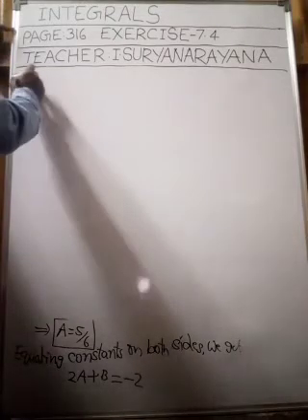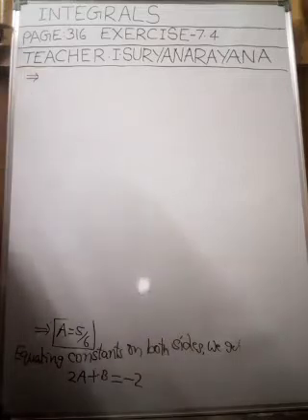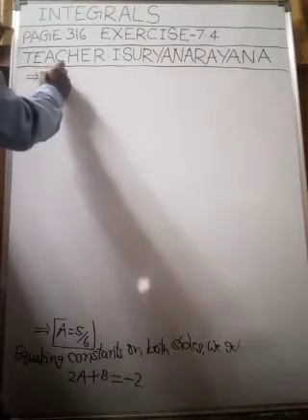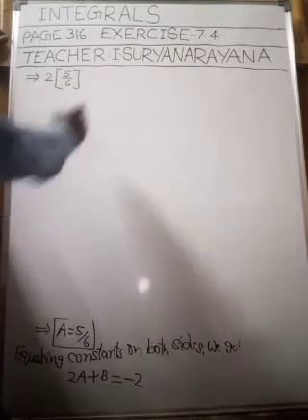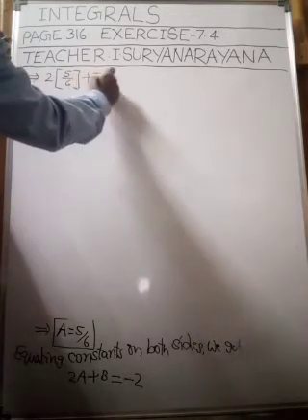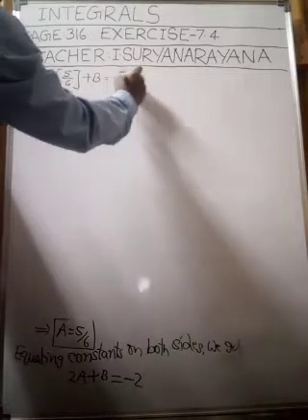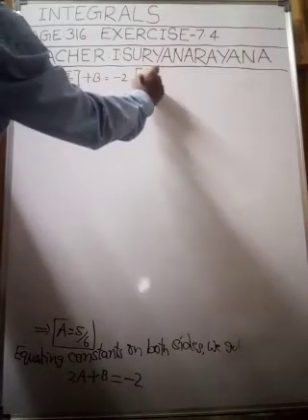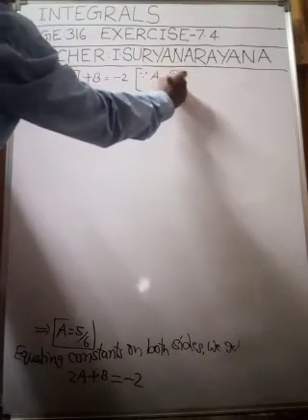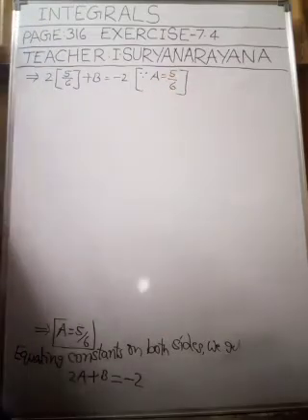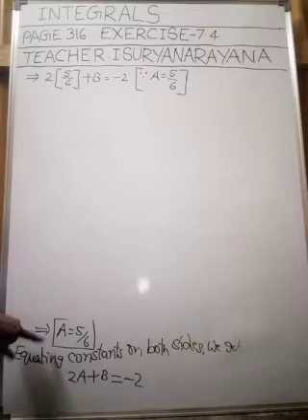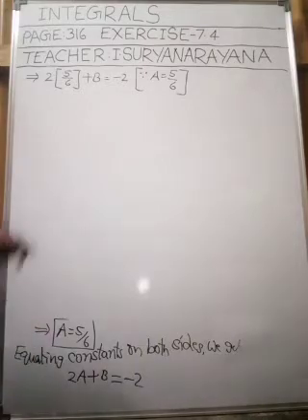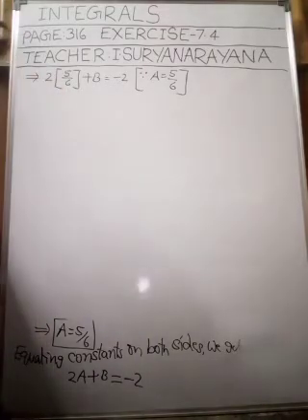So this implies 2 into 5 by 6, 2 into 5 by 6 plus b is equal to minus 2. Because a is equal to 5 by 6 we have already found. Okay, my children. So we substituted a value in this equation to find the value of b. Understood?